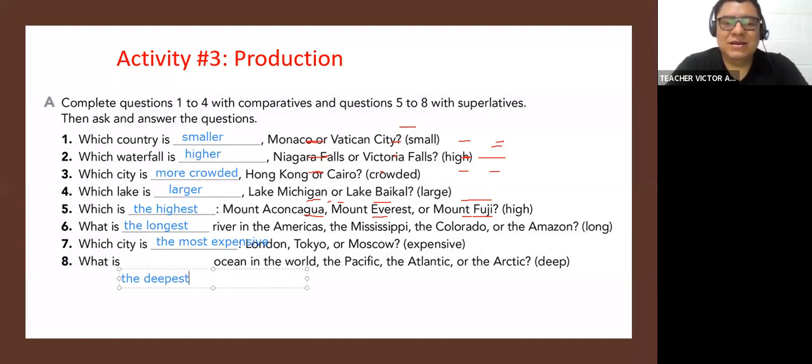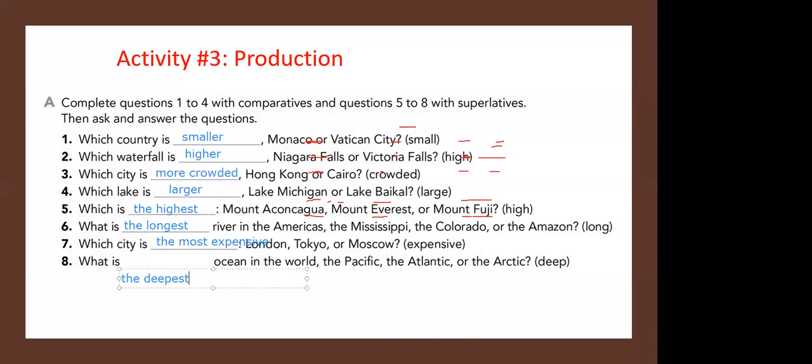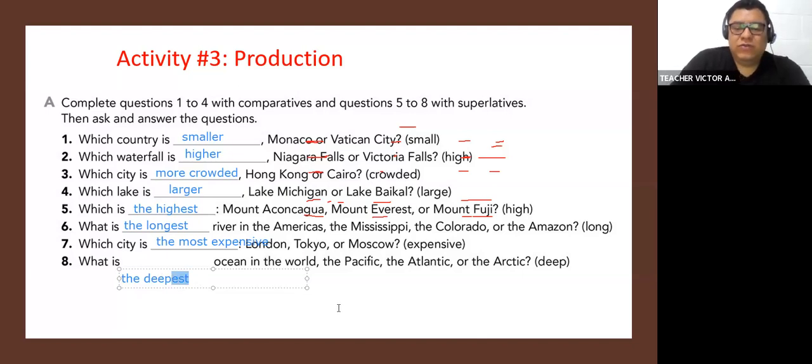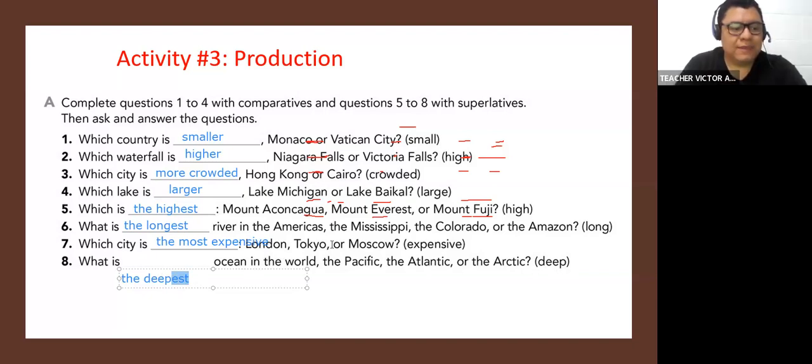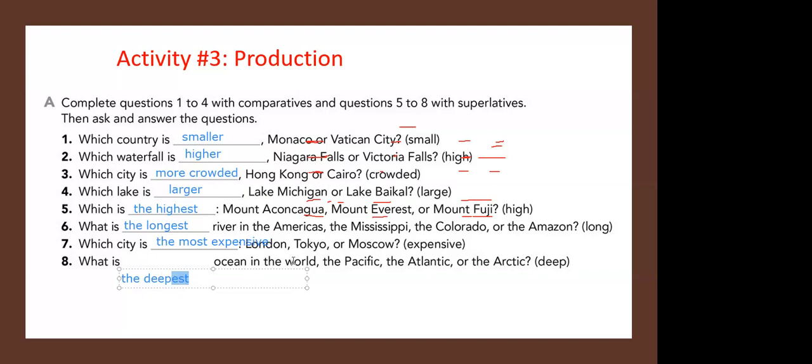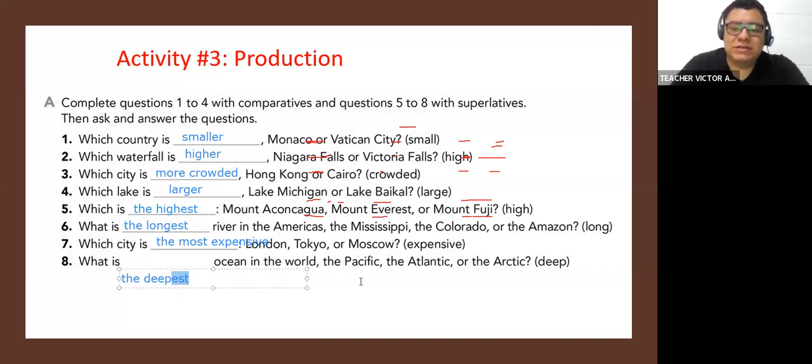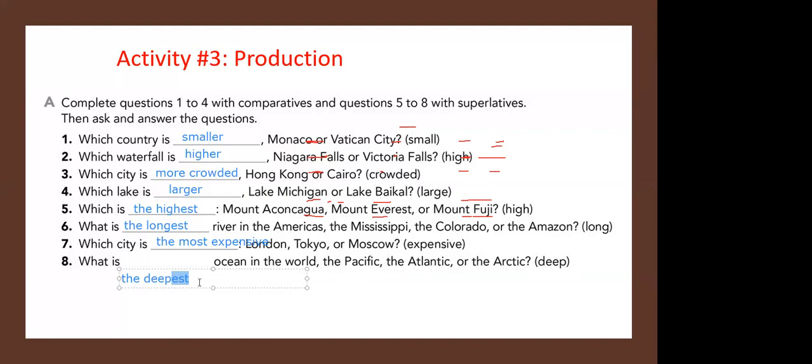Okay, great. So the superlative uses EST for short adjectives like deep, high, long, small. For long adjectives, the last one is not correct, the more deepest, not for this one, because in this case we are using superlatives, not comparatives.